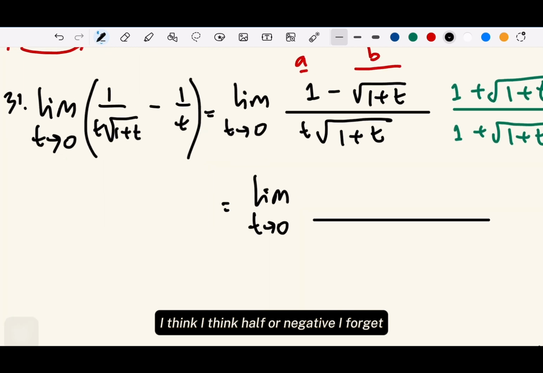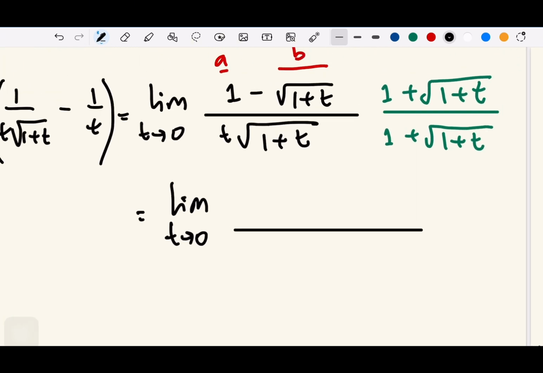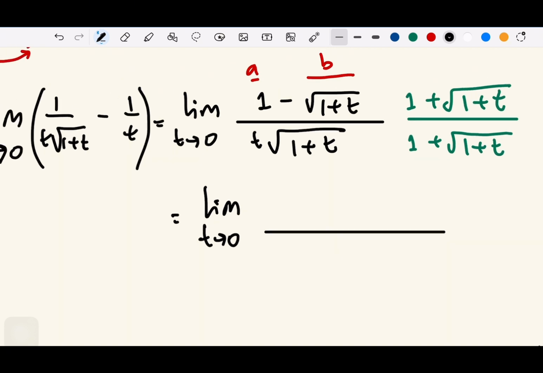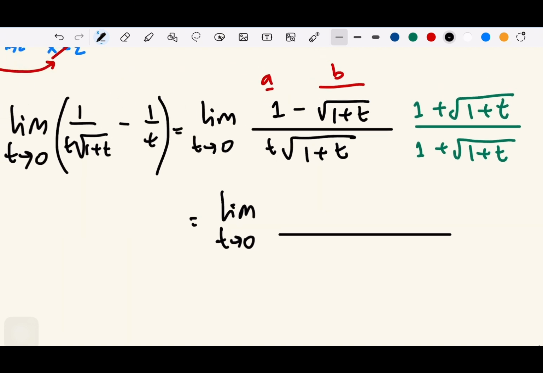Let me calculate and then let's see the result. I think half or negative half. I forgot. Let's check. Why specifically 1 plus square root of 1 plus t? Why specifically? You can try it again. Try it again.